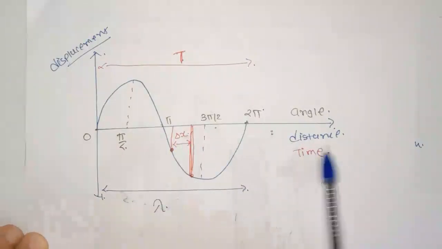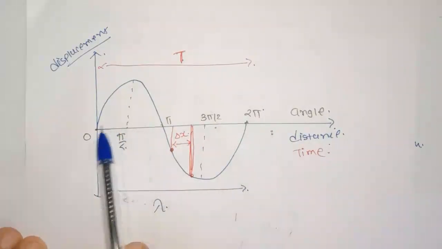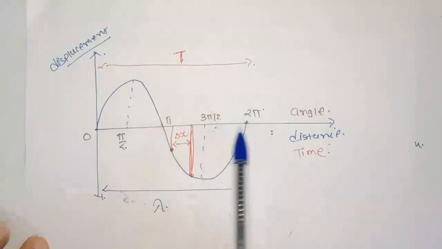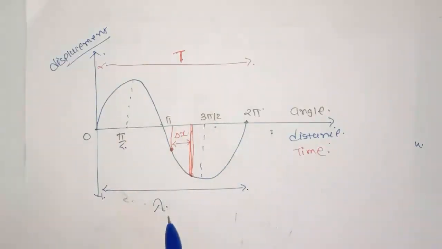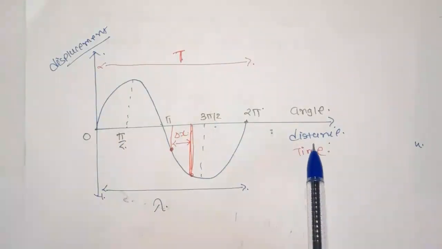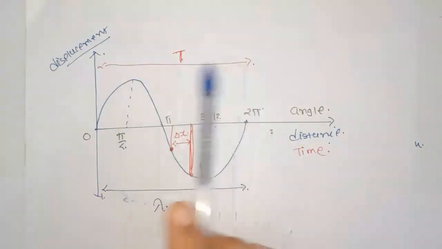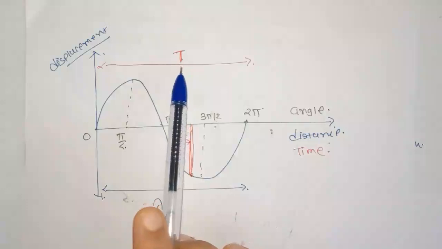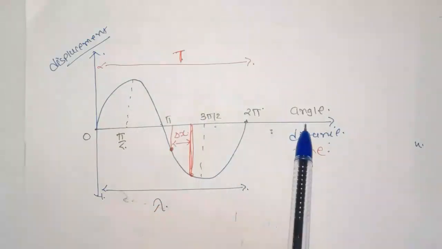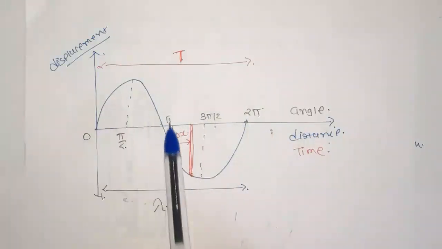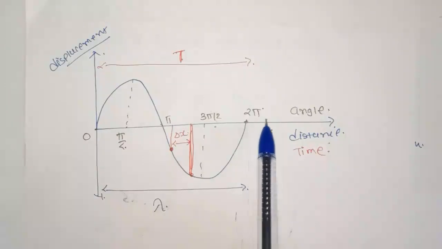If it is distance on x-axis, the distance between these 2 points will be one wavelength lambda. If there is time on x-axis, then the distance between these two will be one time period T. And if it is an angle, then the total angle will be 2 pi.